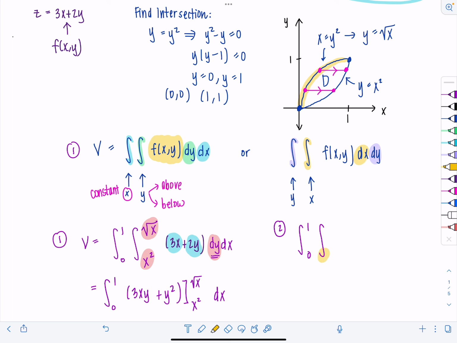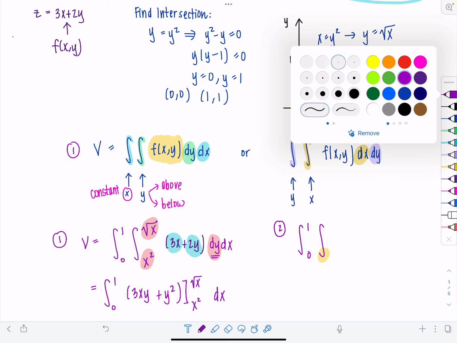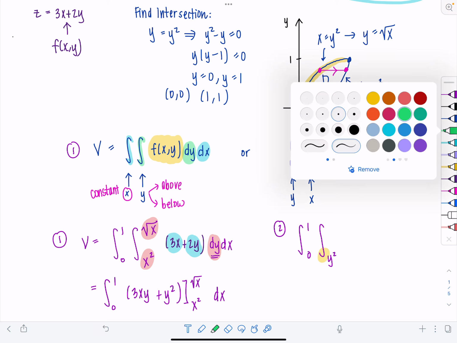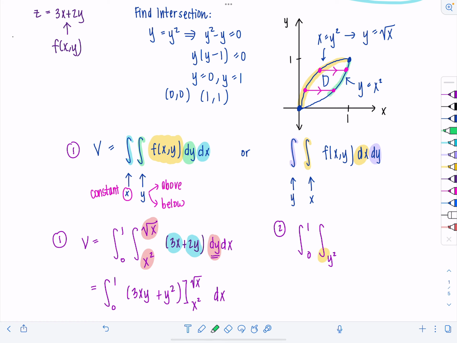And then this time, remember, we have to give x in terms of y, as a function of y. So I'm going to use y squared as the lower limit, since that's bounding the region on the left. And then the upper limit, what's bounding the region on the right? It's x squared equals y, but that means I'm going to use x equals rad y.